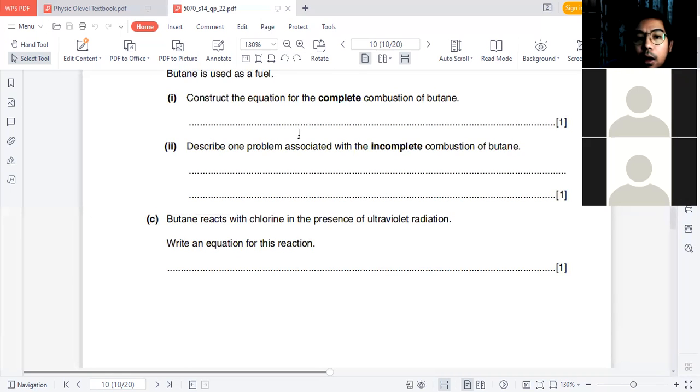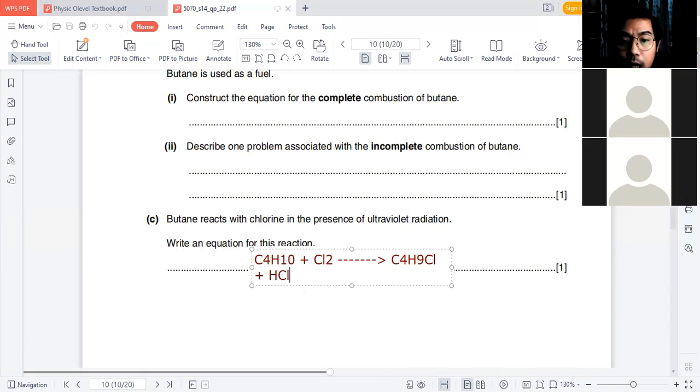So here you have butane, C4H10, plus Cl2, and you're going to have C4H9Cl with HCl.